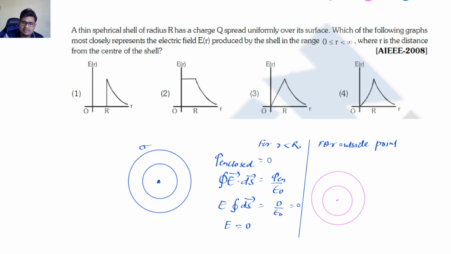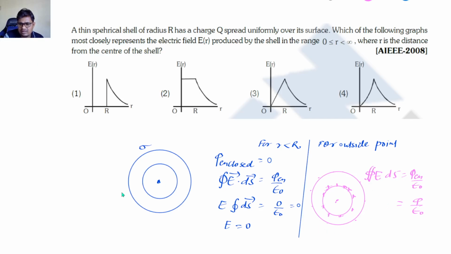This has a charge Q on it, and for the outside point, if you write E dot ds, that should be equal to Q enclosed by epsilon naught. Now it encloses the total charge Q here, and the electric field will be the same everywhere on the surface of this Gaussian surface because it has a central symmetry and the charge distribution is also symmetrical.